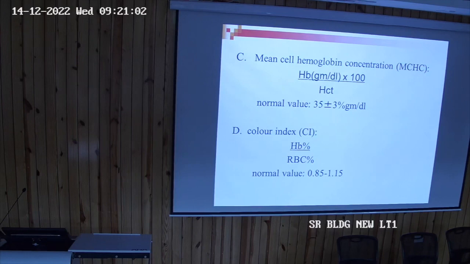So ideally the value of color index has to be 1, but the range is between 0.85 and 1.15. Clear? These are the important parameters which help us give the morphological classification of anemia.